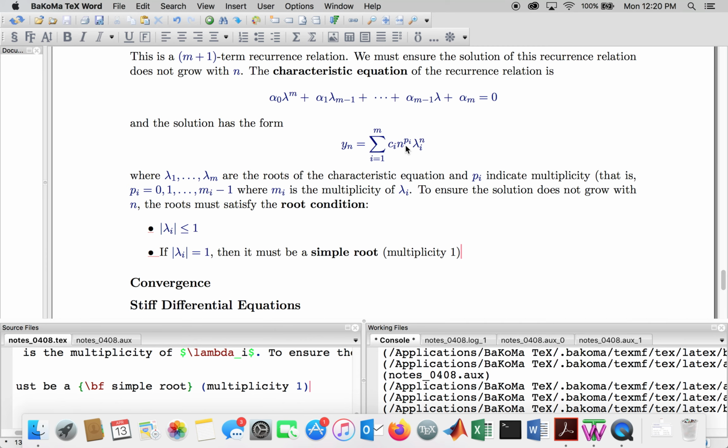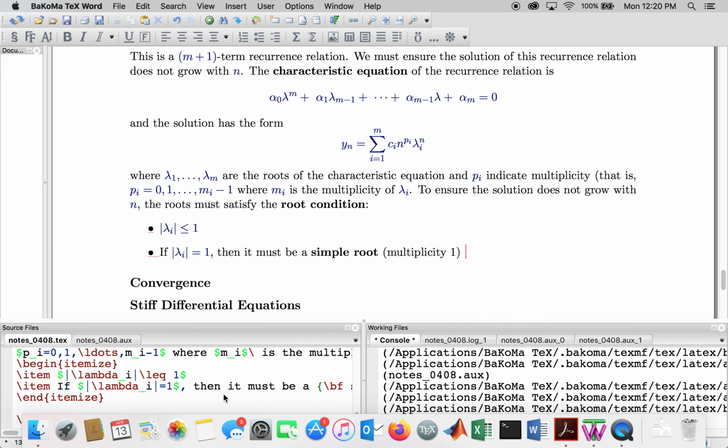So by requiring that such roots be a simple root, then we're still okay. We won't have growth over time. If a root is less than 1 in magnitude, it can repeat. And we have these factors of n or n squared or whatever, but that is overcome by exponential decay, so it won't present a problem.